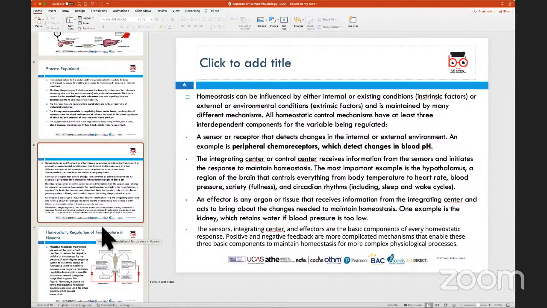And the effect which the body senses, or the changes that it detects, and how this whole process starts, would generally be done through the detection and use of what are called our peripheral chemoreceptors. They would receive the information.